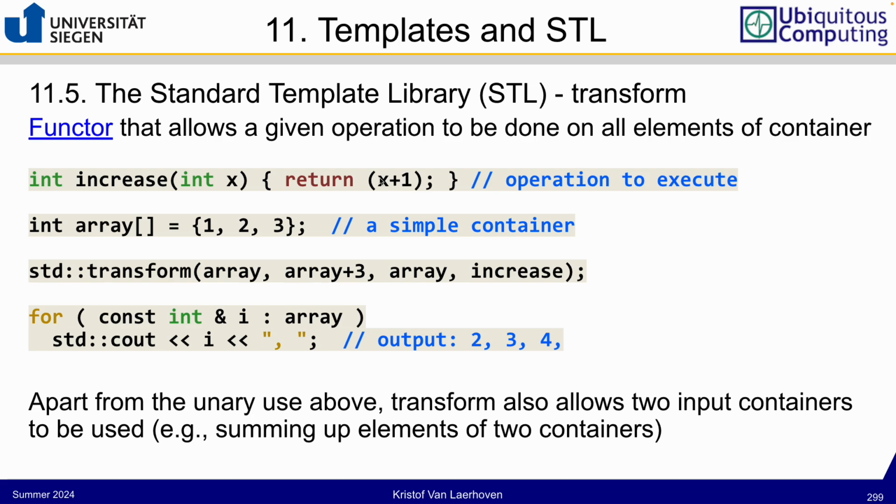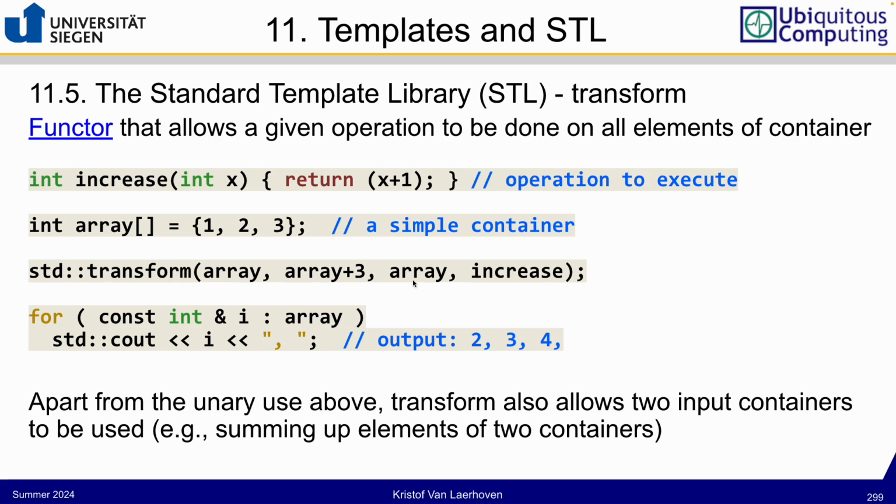This is a very simple thing, a bit of a dummy example because there are way more efficient ways to do this. We now have an array, just an array. I'm not using a very complicated container here. I could use another container, but it would be the same. And now I can use transform to go over this array, where I just have to say where it needs to start from, where it needs to end, and where I'm going to transform into.